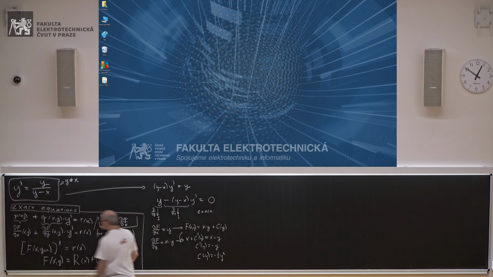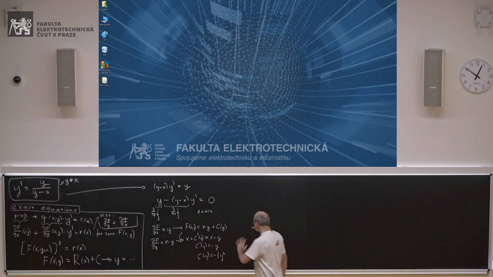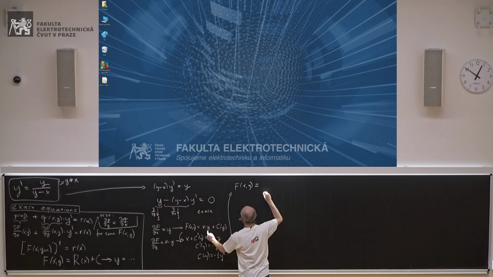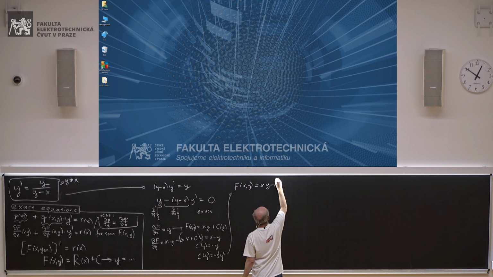I'm taking derivatives. Okay, so I'm ignoring c. This is allowed here, and I put together my capital F(x, y). It's xy minus 1/2 y squared.